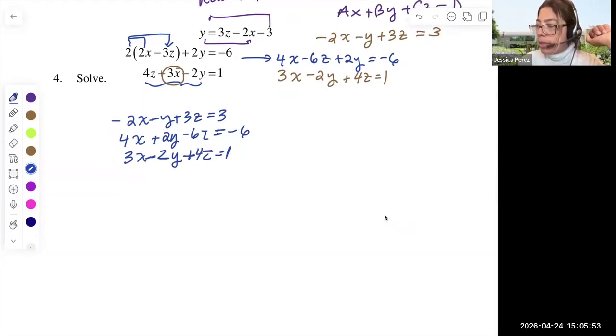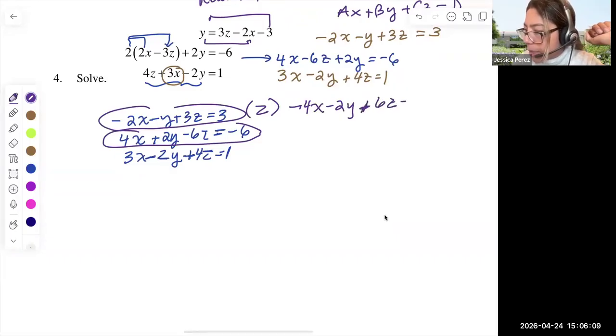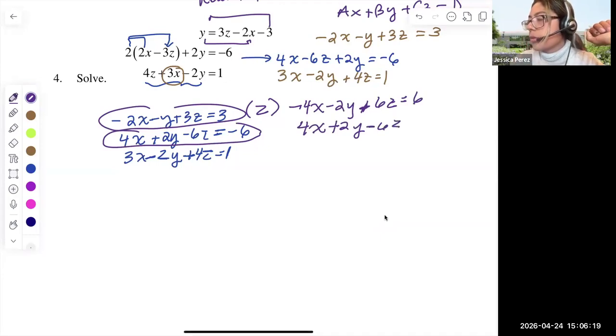So then notice if I look at equation 1 and equation 2, if I multiply equation 1 by the value 2, I get negative 4x minus 2y plus 6z is equal to 6. And then the bottom, it's 4x plus 2y minus 6z is equal to negative 6.